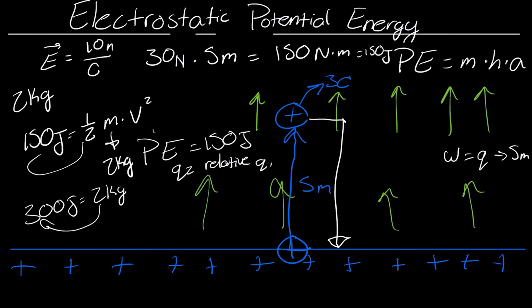Now we divide, and we're left with 150 equals velocity squared. We take the square root, and velocity equals the square root of 150, which I think is 12.2 something meters per second.